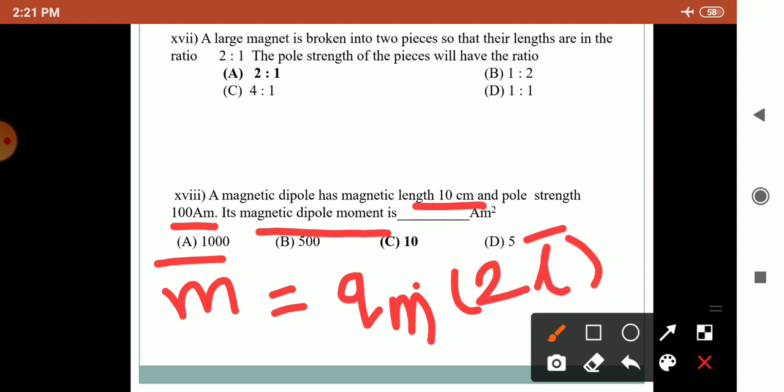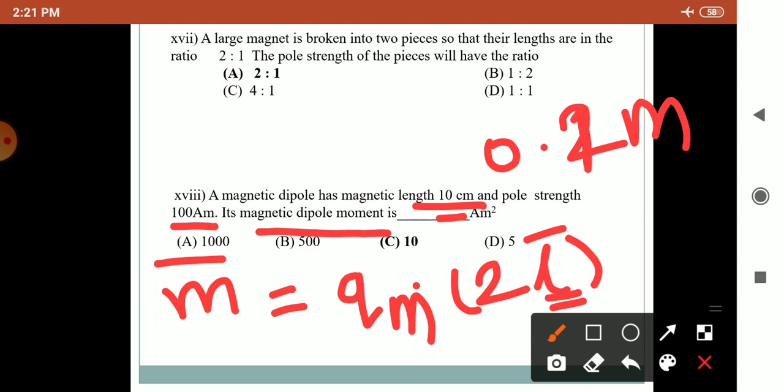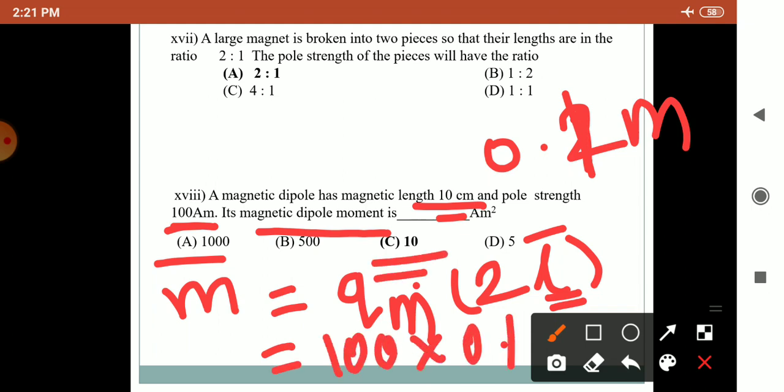So this 2L is 10 centimeter, which converts into meter as 0.1 meter. Then pole strength 100, so it becomes 100 into 0.1, which is 10 ampere meter square.